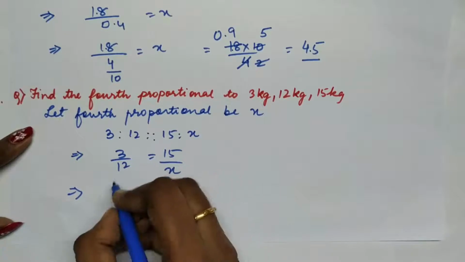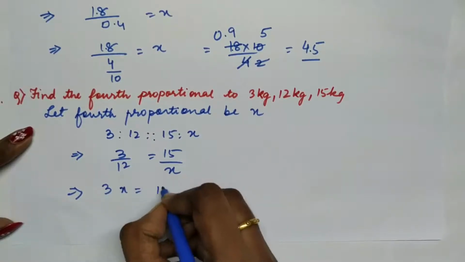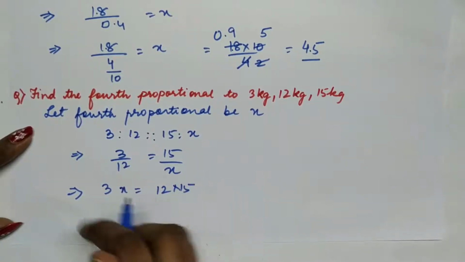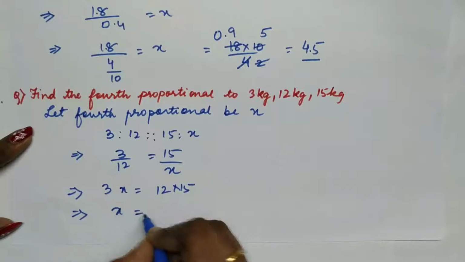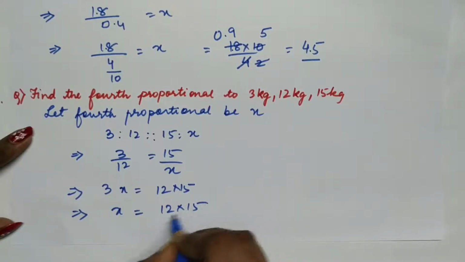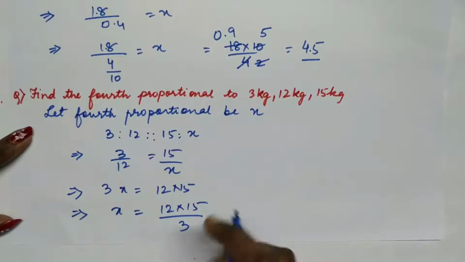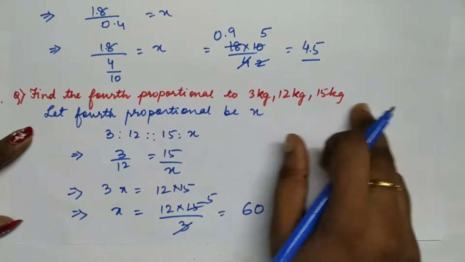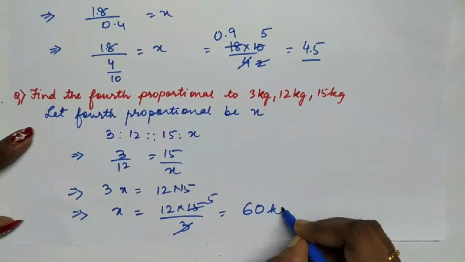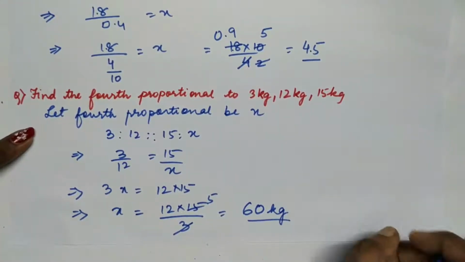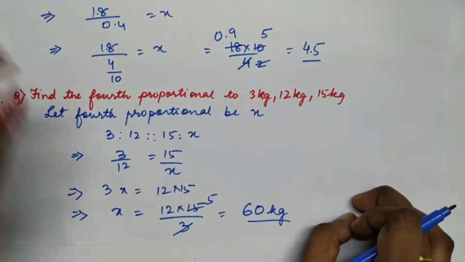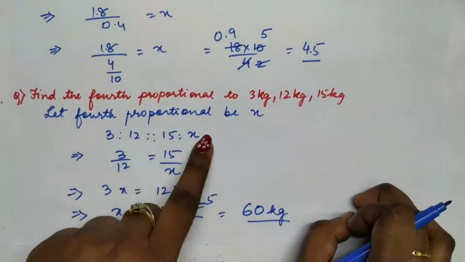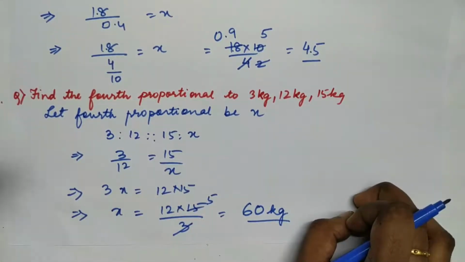You know the product of the extremes is equal to the product of the means. To get x, this 3 is going to come down and I am going to reduce it. As all these quantities are in kg, my x value will also be in kg. Simple logic: product of extremes is equal to product of means.